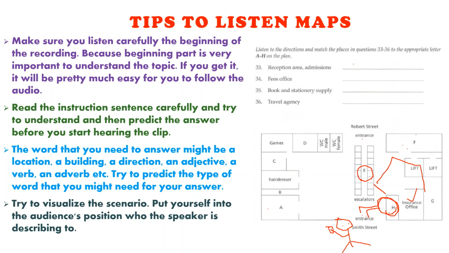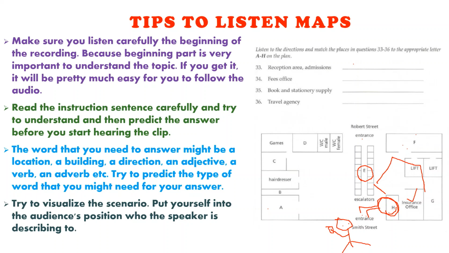This will help you to guess if you have missed something in between, like you missed 34, you have got 33, you have got 35, and you missed 34. With the help of the notes, you may be able to write 34, because you have written something about 33, you have written something about 35. So whatever the words remaining in between, you know that that is going to be fees office.